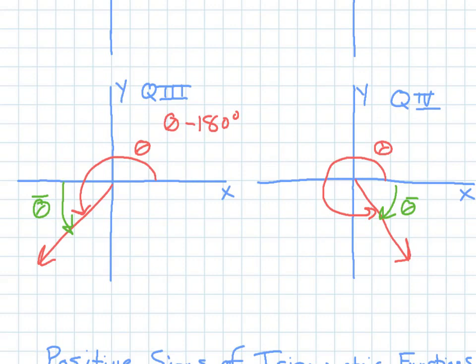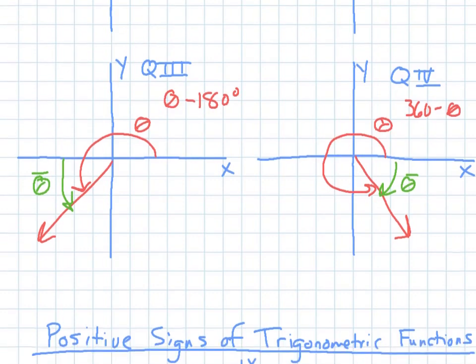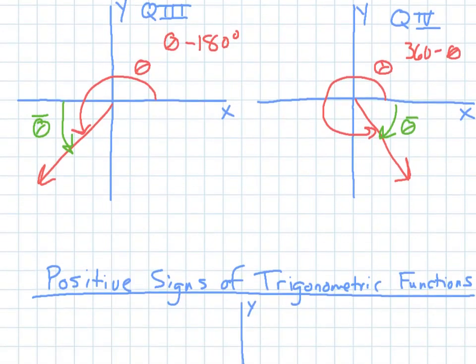To get that, it's more similar to the second quadrant, so we take 360 minus our angle theta. Okay, so that's how you get the reference angles. You're always subtracting so that you get a value between 0 and 90. That's always our goal.